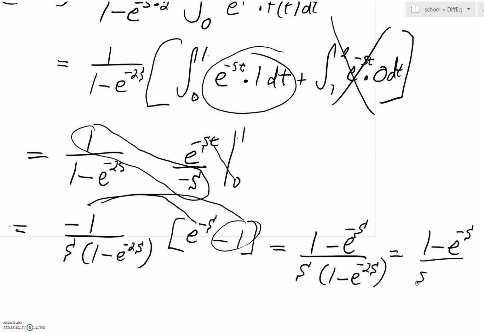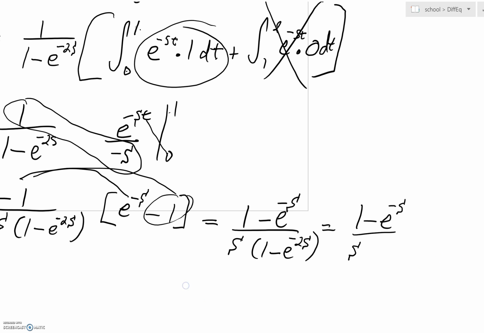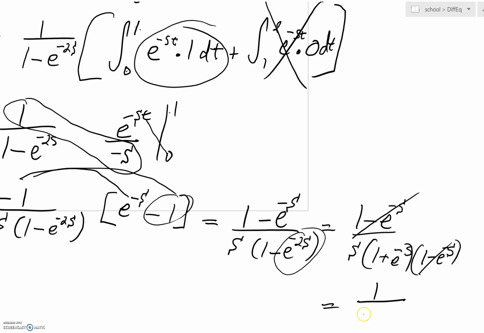Just finishing this problem up, because this is a perfect squared term, I'd have 1 plus e to the negative s and 1 minus e to the negative s. And you can see this 1 minus e to the negative s is going to cancel, leaving us with a final answer of 1 over s times 1 plus e to the negative s. And then we are done.